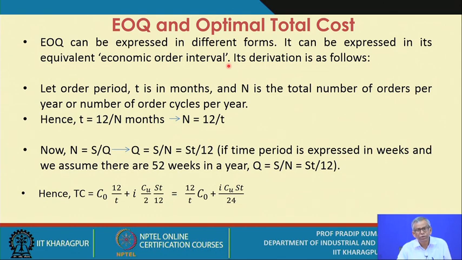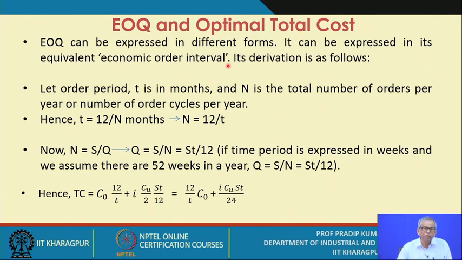For the given inventory item, I can propose a Q system of inventory control, or I may also propose a P system. If it is a Q system, the order quantity is the EOQ, assuming that all the 10 assumptions which we have already listed are valid.